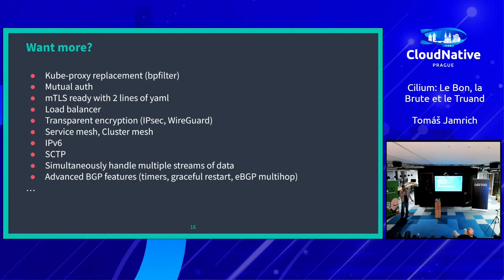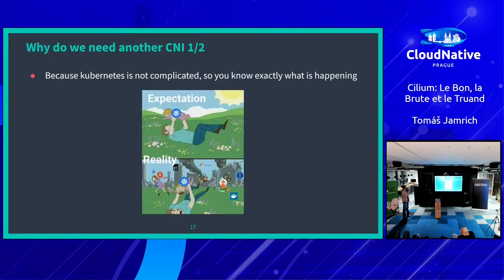It can use IPv4, IPv6, or even a combination of them. Some more creepy protocols like SCTP or multicast, which some telephone operators may use. It can simultaneously handle multiple streams of data, and it supports some advanced BGP features.